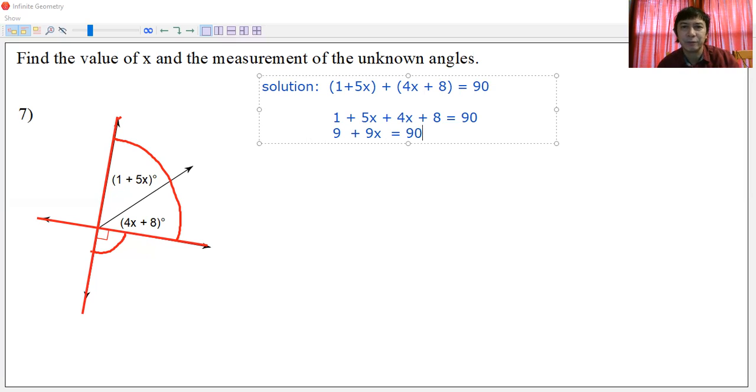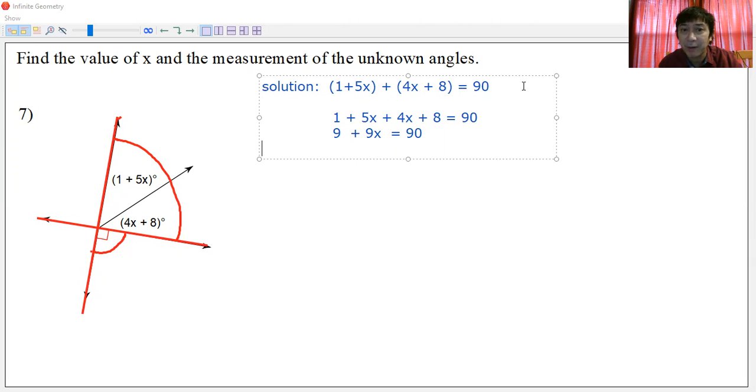So that's it. We added the numbers, we got 9, we added the terms with x, we also got a 9. Now we can simplify the equation. If you divide all terms by 9, you can end up with smaller numbers.